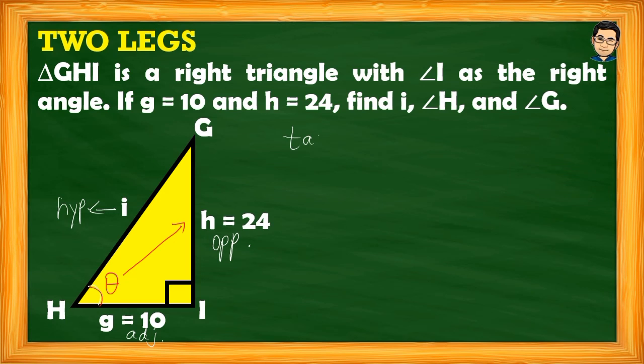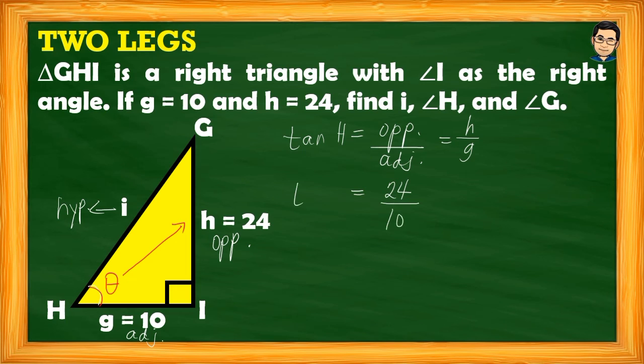So, tangent H is equal to opposite over adjacent. So, that will be H over G. So, opposite is 24. And then, adjacent is 10.